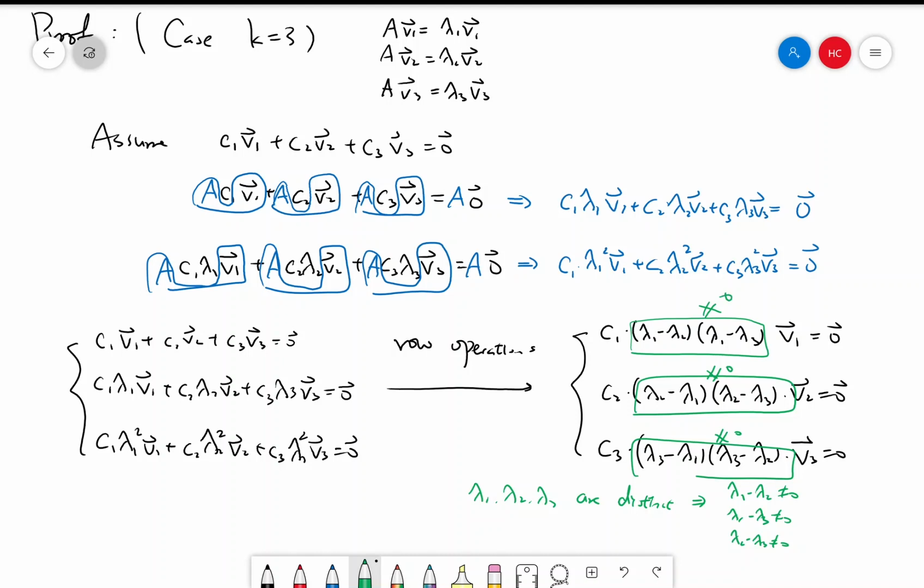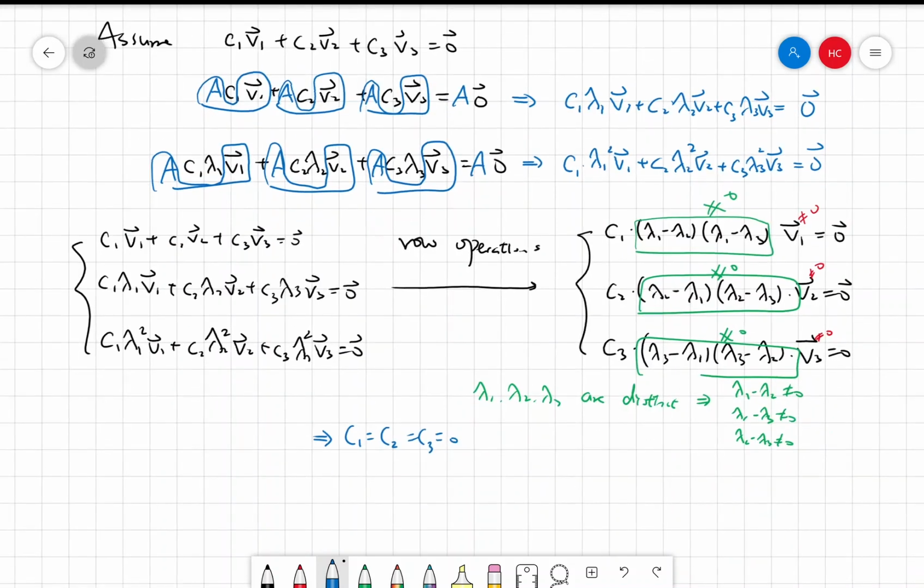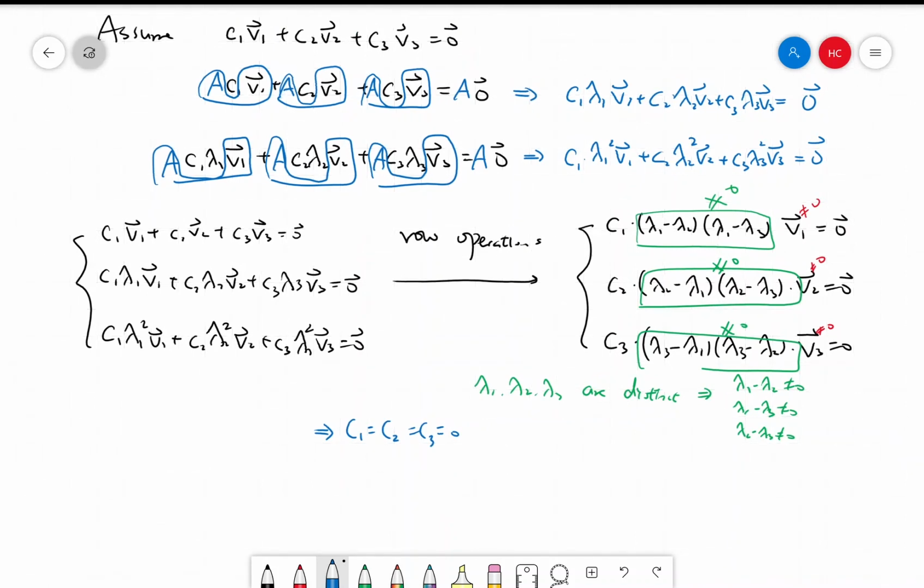So we have an equation here, c1 times a non-zero constant times v1 equals 0. We also know that v1, v2, v3 are not 0 because they are eigenvectors. So the only possibility is that c1, c2, c3 are 0. Therefore, the eigenvectors are linearly independent.